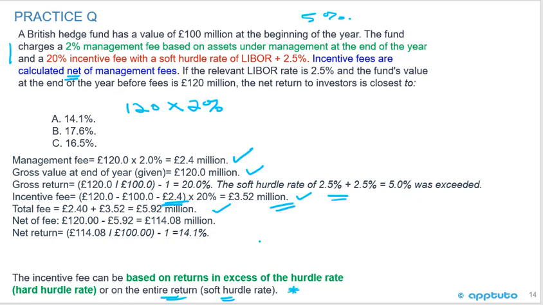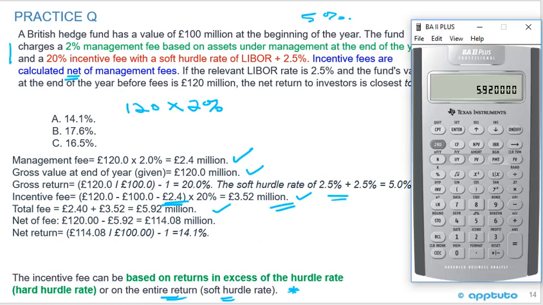So then, to calculate the amount at the end of the year, net of fees, we can just make that plus or minus to a negative. We're going to add the 120 million, which is the amount of the fund at the end of the year, and we've got 114.08, okay? So you can see the calculator keystrokes flow fairly nicely if you know the steps.